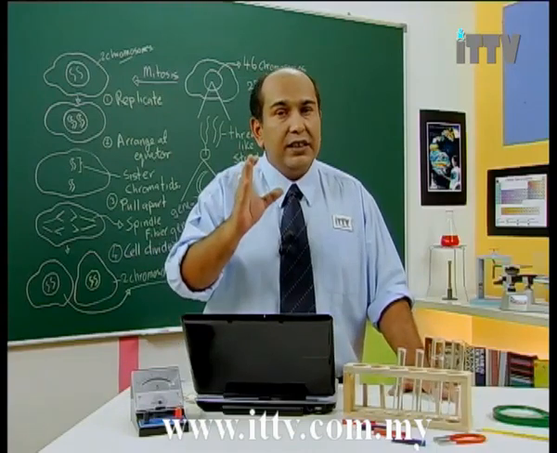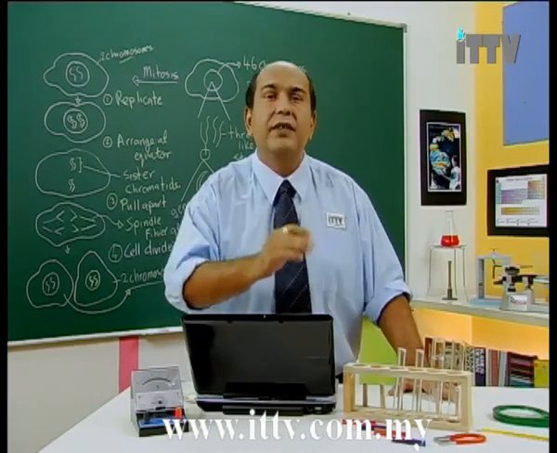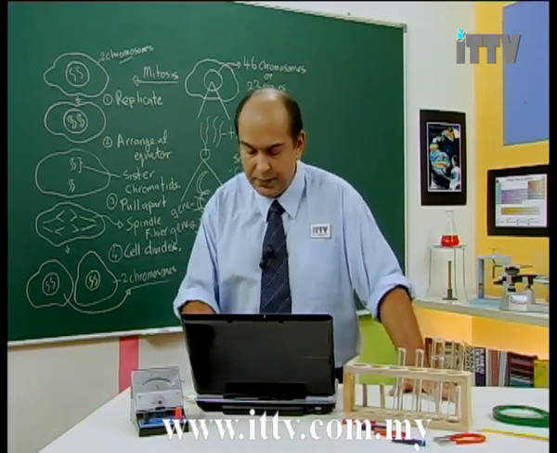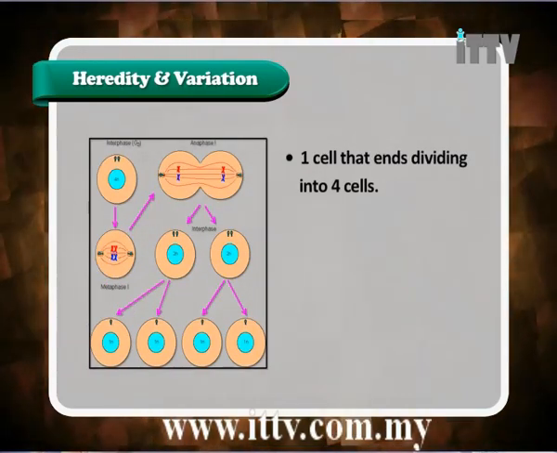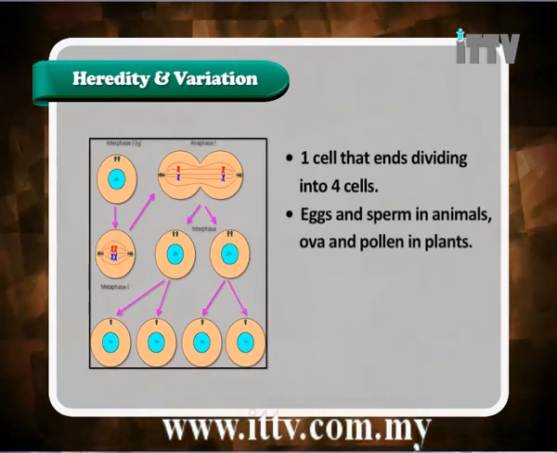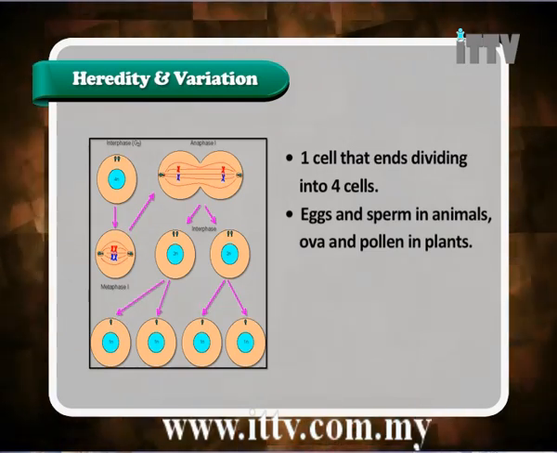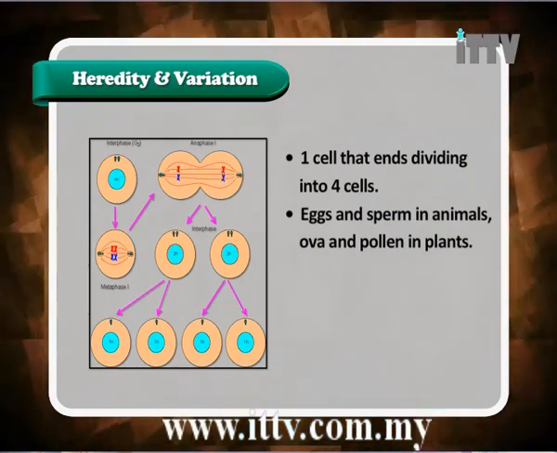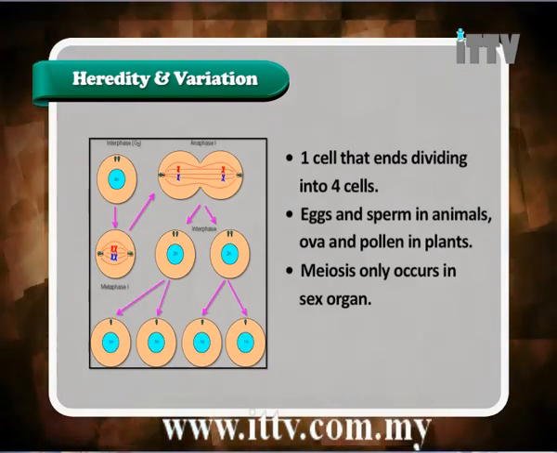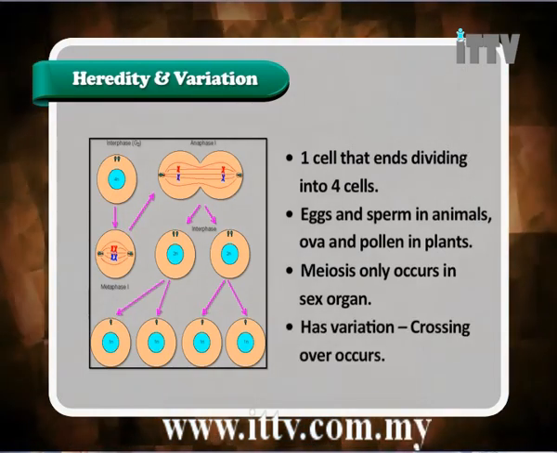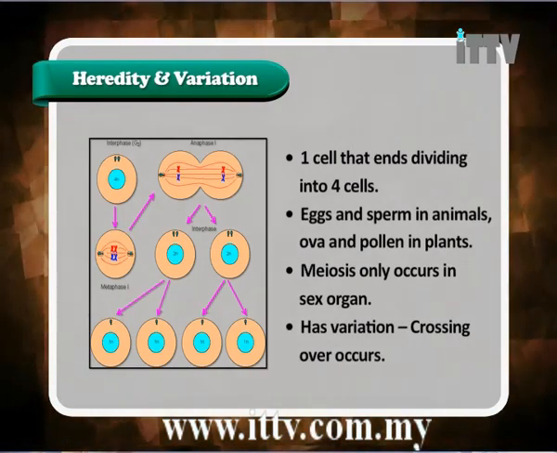So in meiosis, we want to halve the number of chromosomes. One cell ends up dividing into 4 cells. Eggs and sperm in animals, ova and pollen in plants. Meiosis only occurs in sex organs. Has variation. Crossing over occurs.